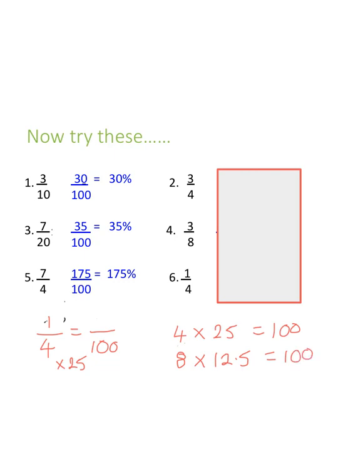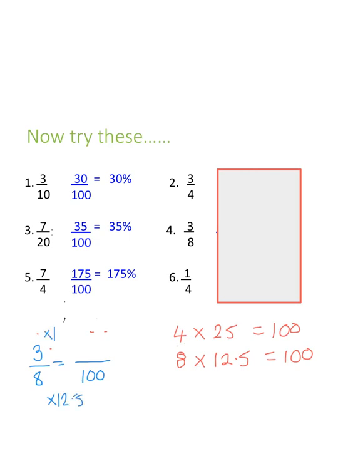Now this fact will help me answer 3/8. So how can I write 3/8 as a percentage? Well, one method is to say, okay, 3/8. I know that if I multiply that by 12.5, it will give me 100.